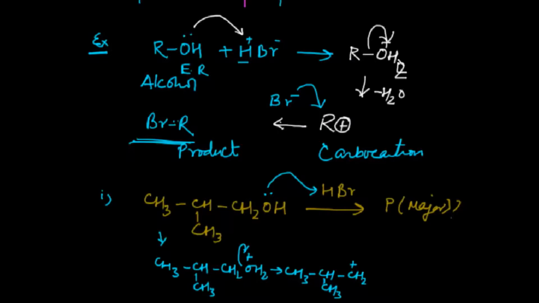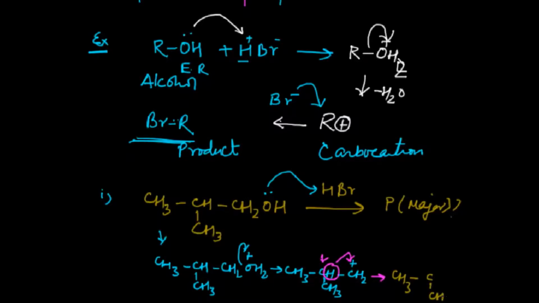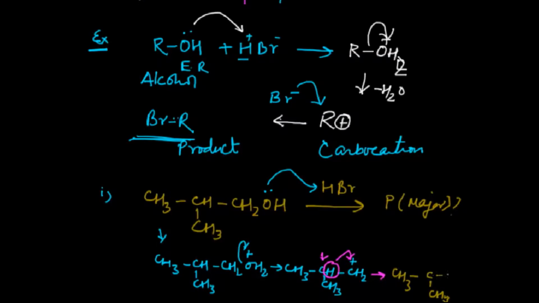This hydride is shifted to this carbon, generating a carbocation at this center, and then Br minus reacts at this carbon, and finally the product would be CH3CHBrCH3. So this is the major product of this reaction.